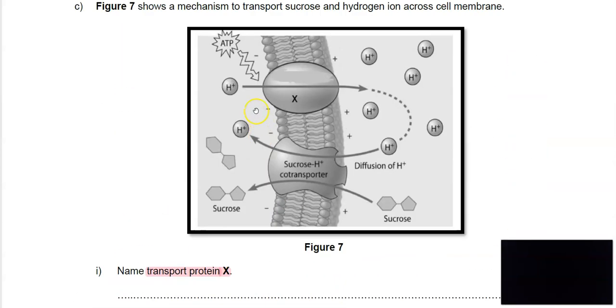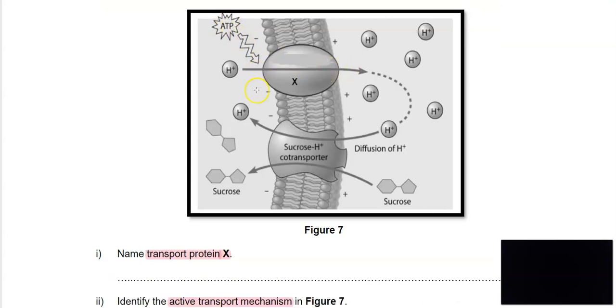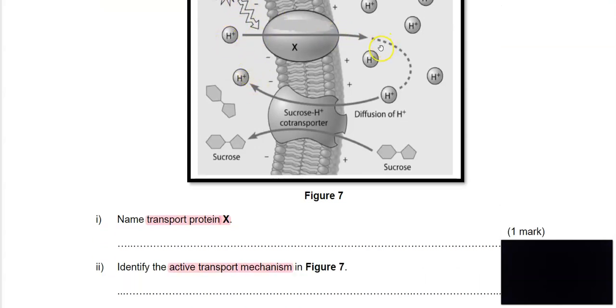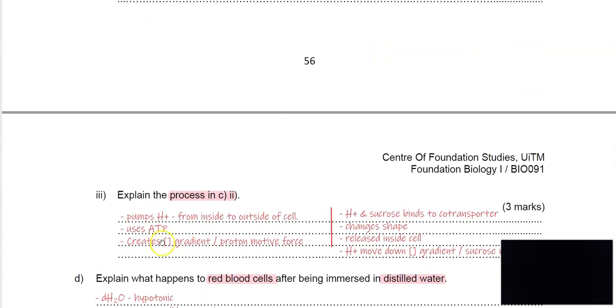Remember, inside there is a low concentration of hydrogen ions, so that's why it requires energy from ATP, to move them from low concentration to high concentration. This uses energy in the form of ATP, which then creates a concentration gradient or proton motive force.